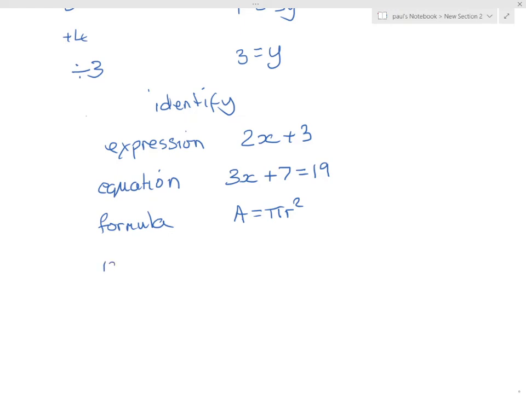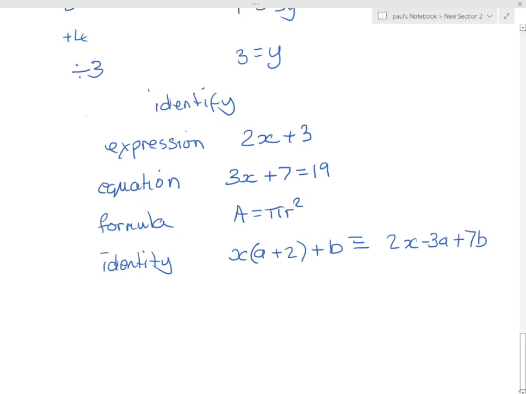And then the last one, you had an identity. Now this identity doesn't work, I'm just making this up for demonstration purposes. Plus b, and so on. 2x minus 3a plus 7b.